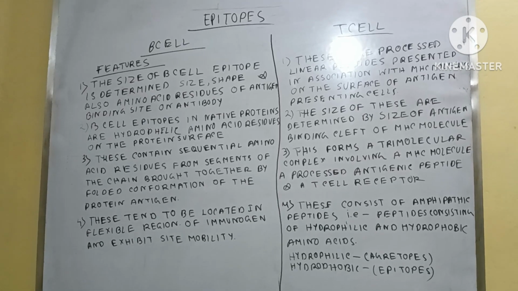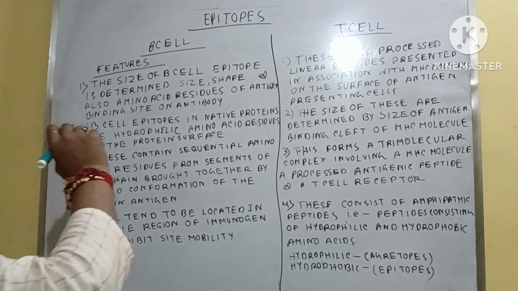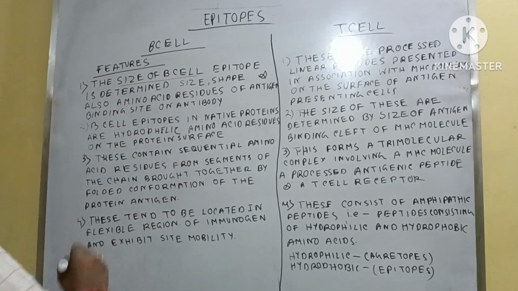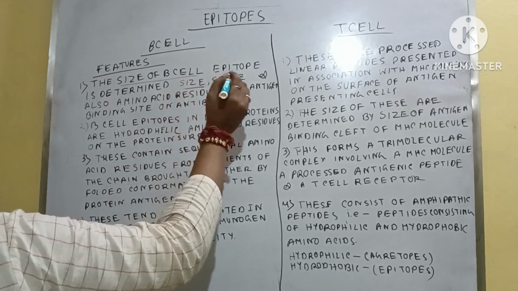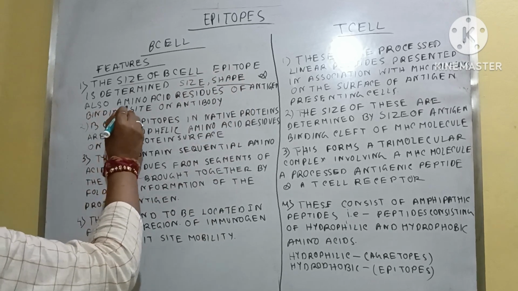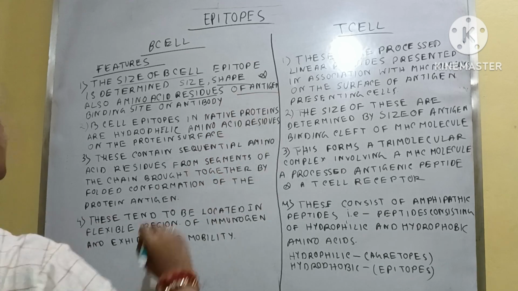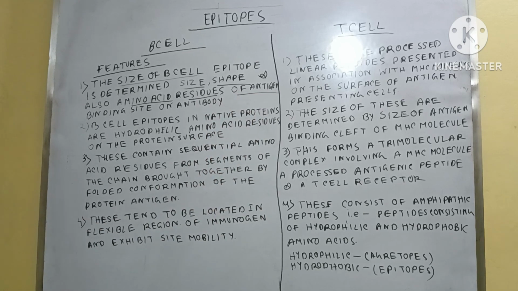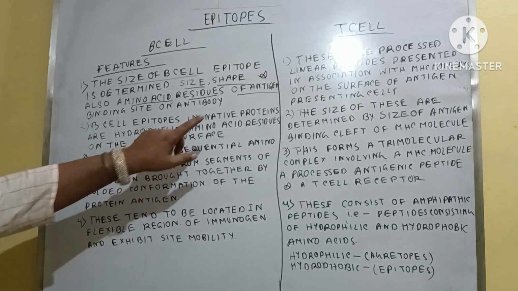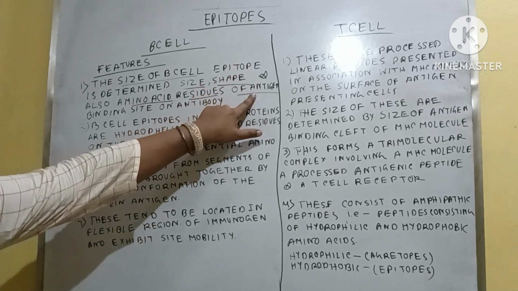Here are the features of B cell epitopes and T cell epitopes. For B cell epitopes, the size is determined by the size, shape and amino acid residues of the antigen.